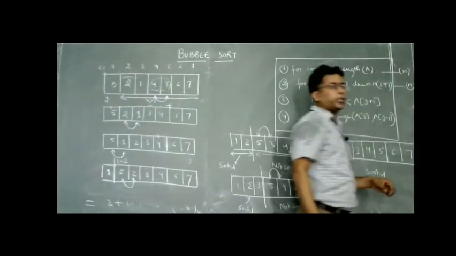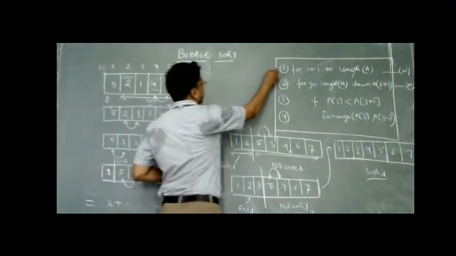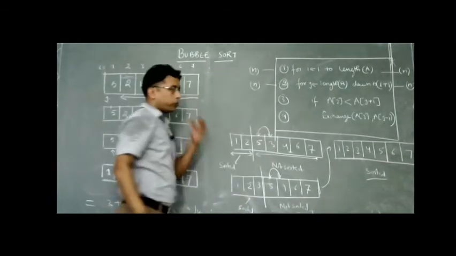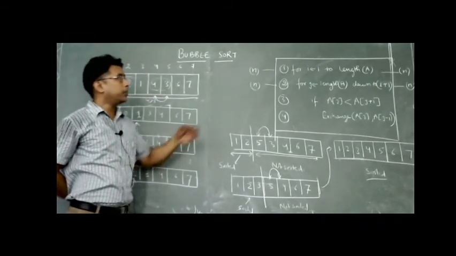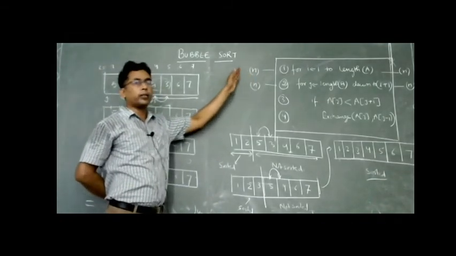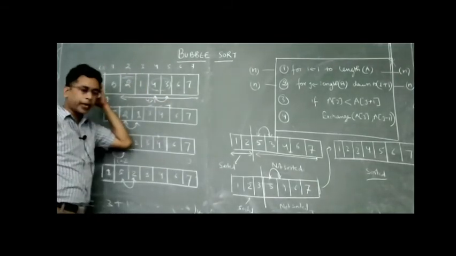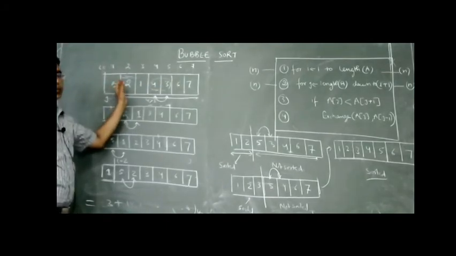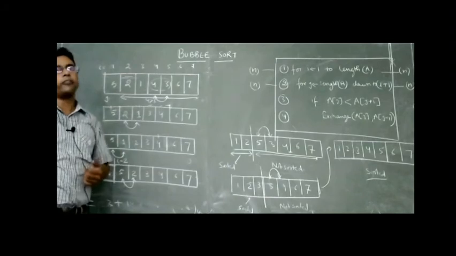So the complexity of the bubble sort would be equal to O(n) square. Why? Because if there is a loop inside a loop, then every element combination would be checked. Simply you can see that for every element we are comparing every possible combination. So it will take O(n) square in the average case.